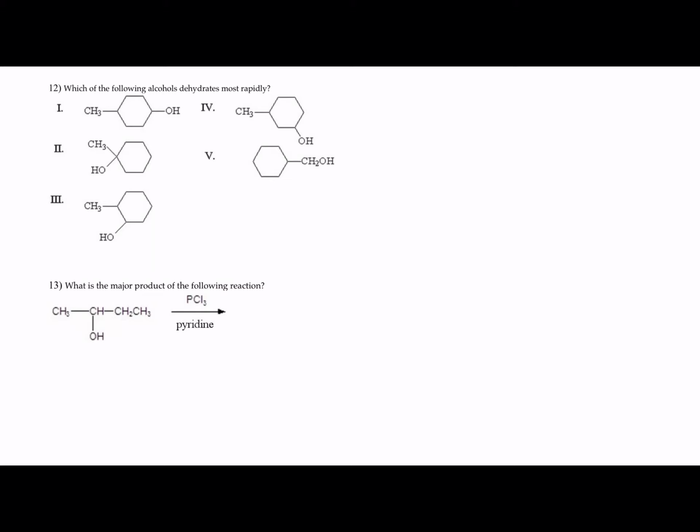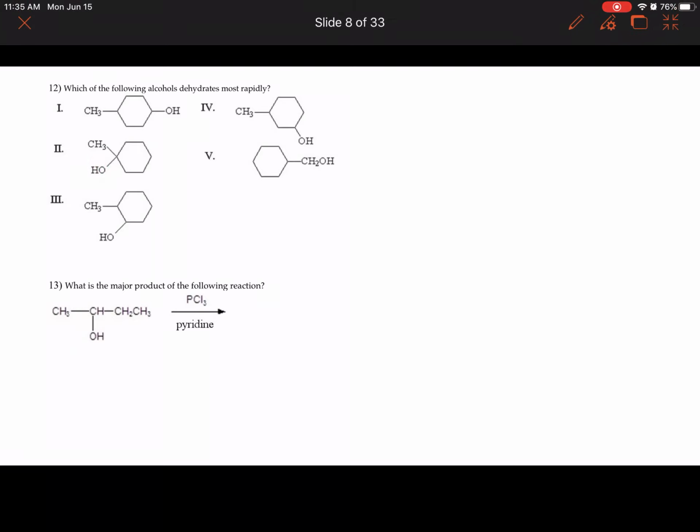Okay, which one is that going to be? This should be quite easy. So this is a secondary alcohol, primary alcohol, tertiary alcohol, secondary alcohol. And you're talking about a dehydration. So which one do you think would be the most rapid alcohol that would dehydrate? That is the tertiary one over here. Okay, so the B would be the most rapid one.